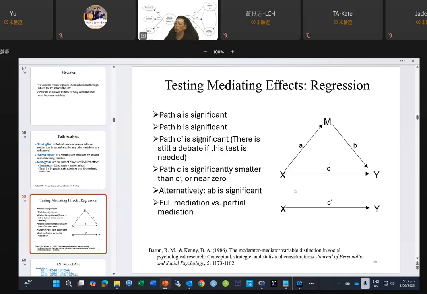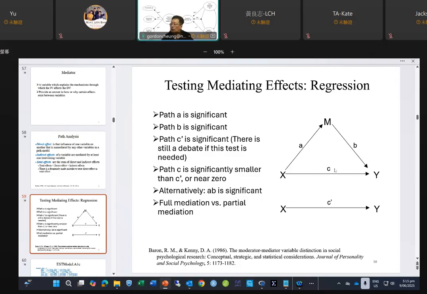Now, most of the time we will not hypothesize this C. We will only hypothesize X to M, M to Y, and the effect of X on Y through M. However, even if we do not hypothesize this direct path, as I told you this morning, we need to add it. Why?